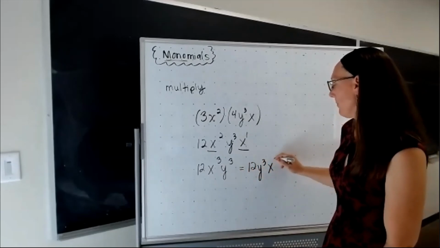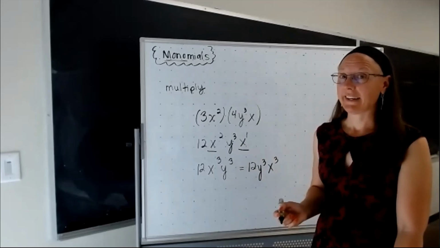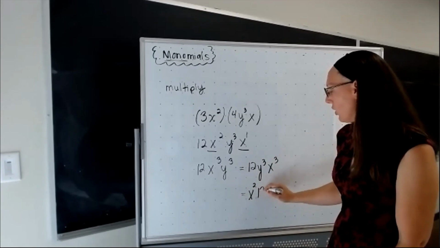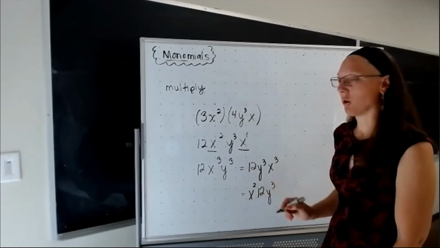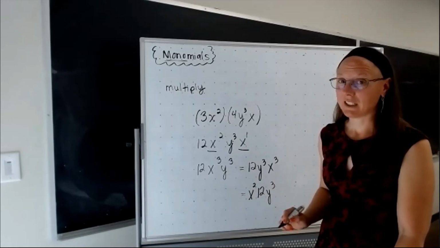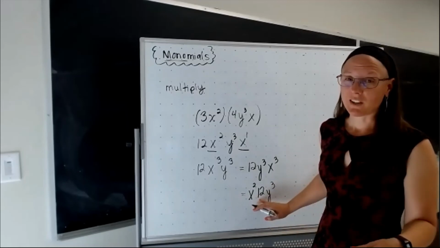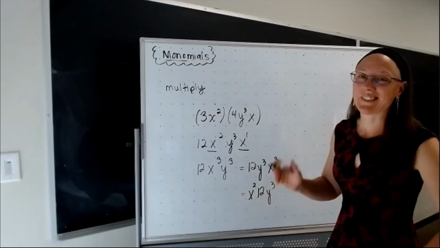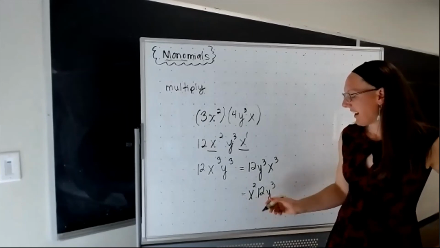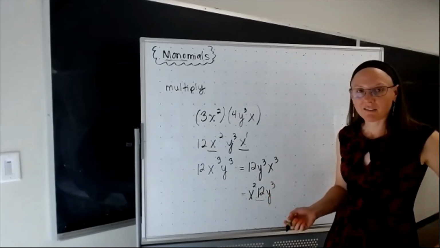But this is absolutely equivalent to writing 12y cubed x to the third. In fact, it's also equivalent to writing x squared 12y cubed. However, this version of it is almost never written. And I think it's just because maybe it's too easy for the number to get lost in there.